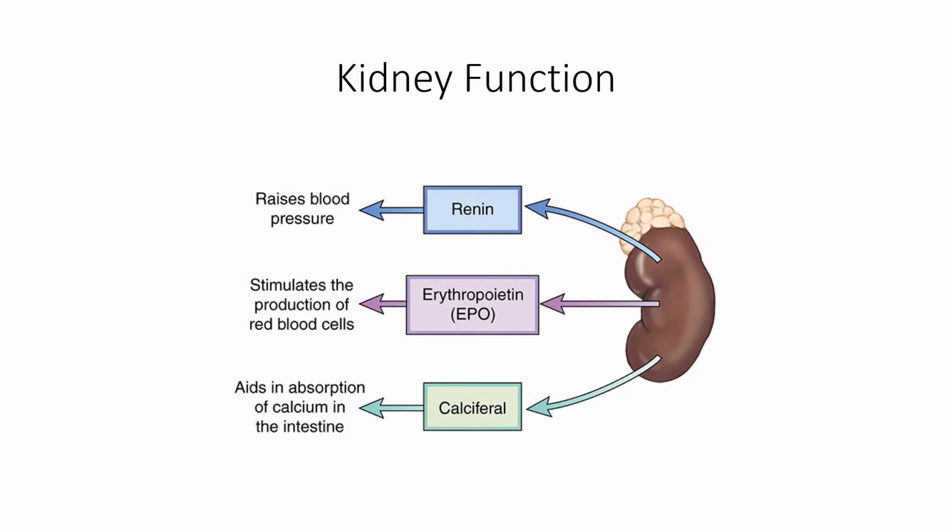And then it also produces and excretes the hormone erythropoietin, which stimulates the production of red blood cells. And then it also releases other hormones, calciferol is one of them, which helps with the absorption of calcium in the intestine.